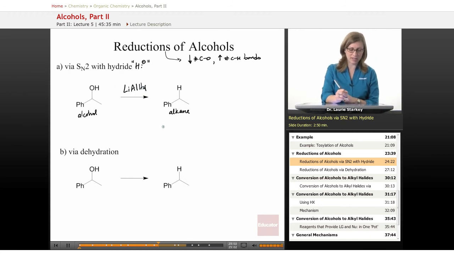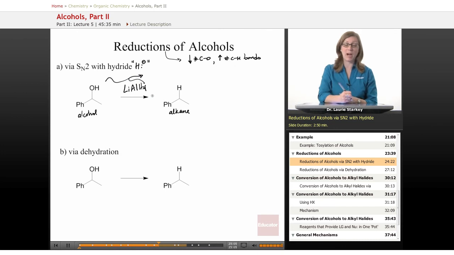What would happen if I mixed an alcohol and lithium aluminum hydride? I wouldn't expect an SN2 mechanism because, once again, my OH is a poor leaving group. But it's not that there's no reaction, because the hydride, just like a Grignard, is an extremely strong base, and alcohols have a very acidic proton.